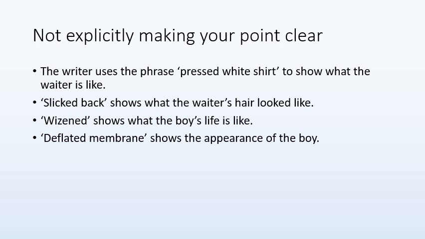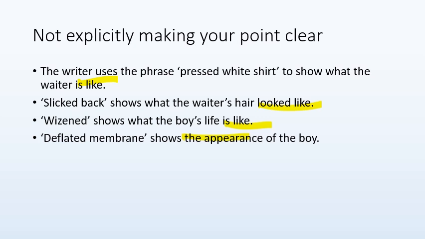The writer uses the phrase "press white shirt" to show what the waiter is like. Slick back shows what the waiter's hair looks like. Wizened shows what the boy's life is like. Deflated membrane shows the appearance of the boy. Here you can see that you're not really explaining anything.